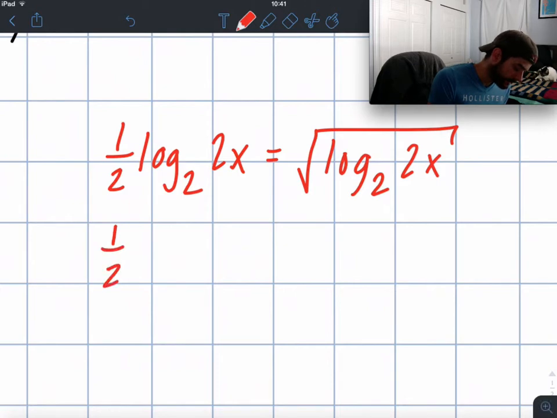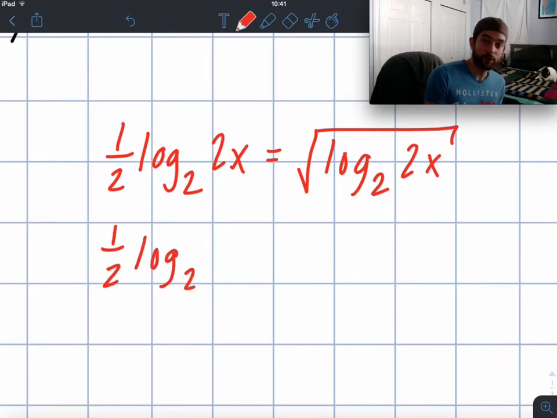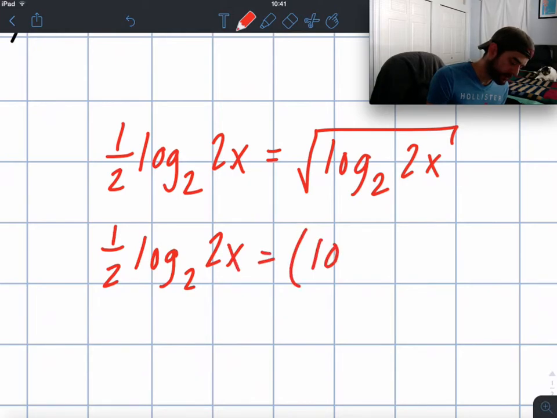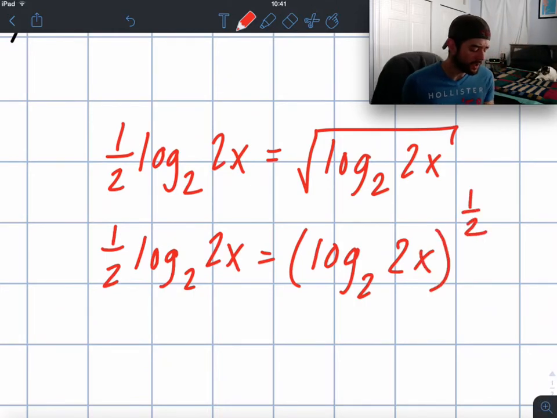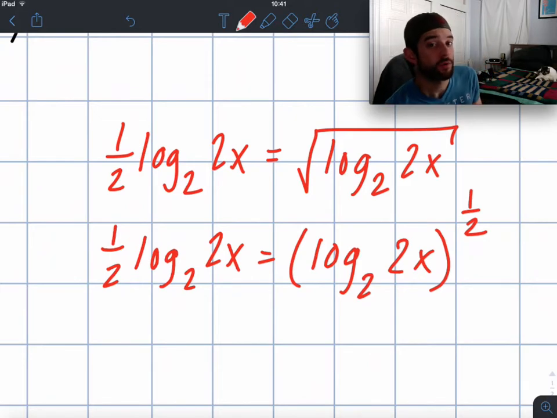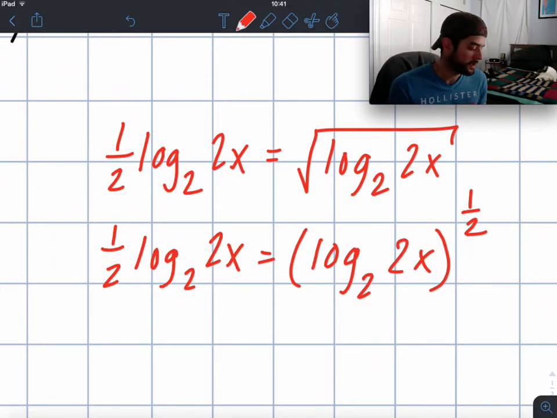Let's say I changed the radical on the right in terms of an exponent, made this log base 2 of 2x to the 1/2. The reason I could move the coefficient down on the left is because the exponent was inside the log. I cannot do that for the right because it's not the 2x that's being brought to the 1/2 power, it's the entire log.